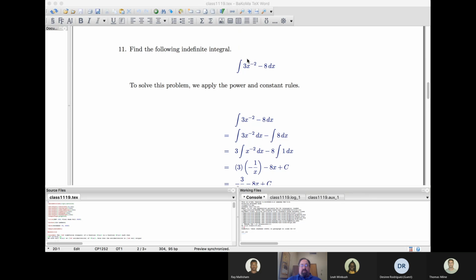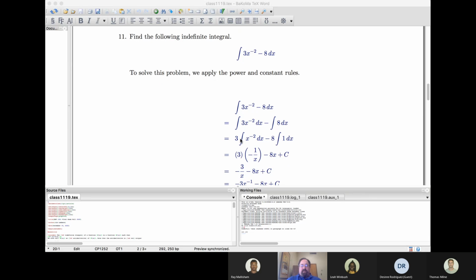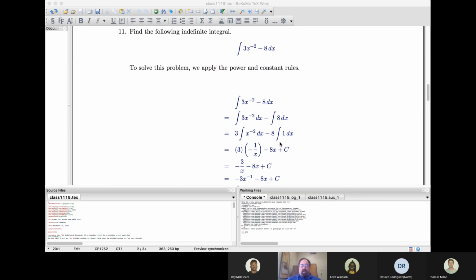Because we have a subtraction going here, we can write this as a difference of integrals. We have a constant, and the integral of 1 is just x. And then with the x to the minus 2, we'd use the power rule.